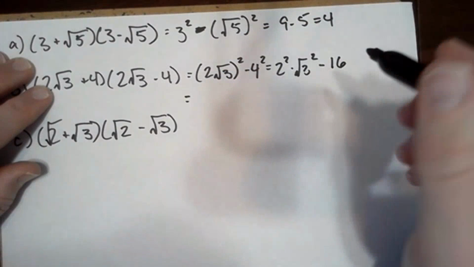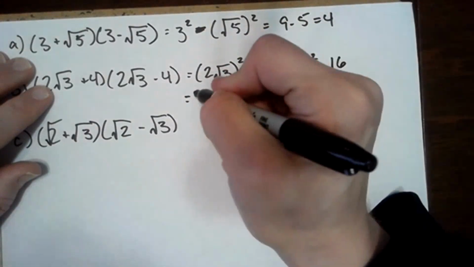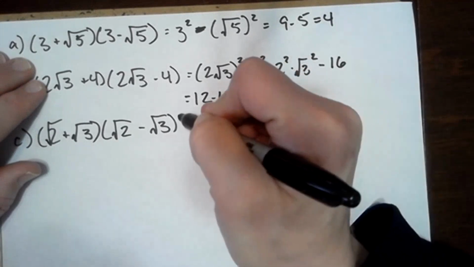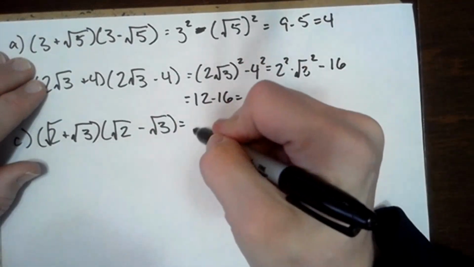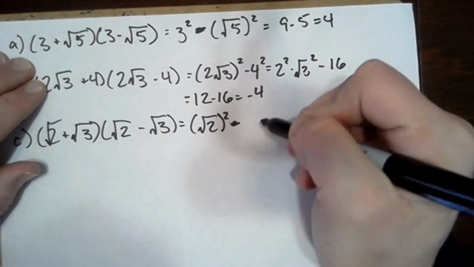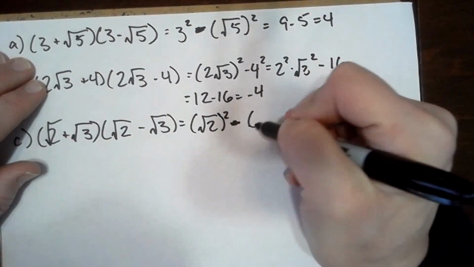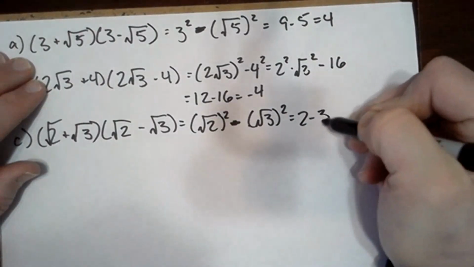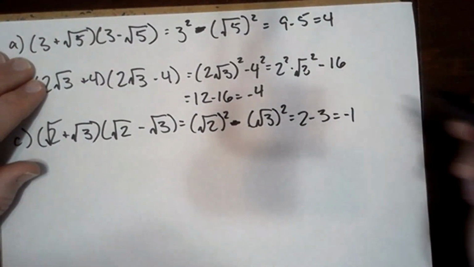Well, that's 4 times 3 is 12 minus 16 is negative 4. Finally, we've got the square root of 2 squared minus the square root of 3 squared, which gives us 2 minus 3, which is negative 1.